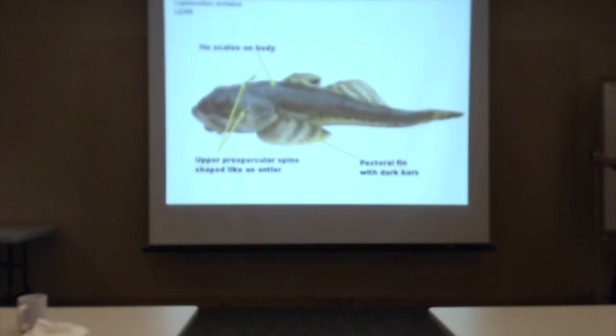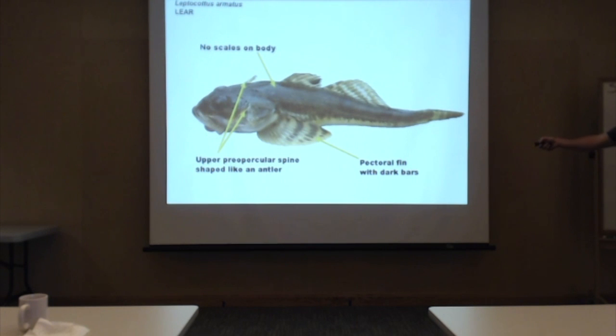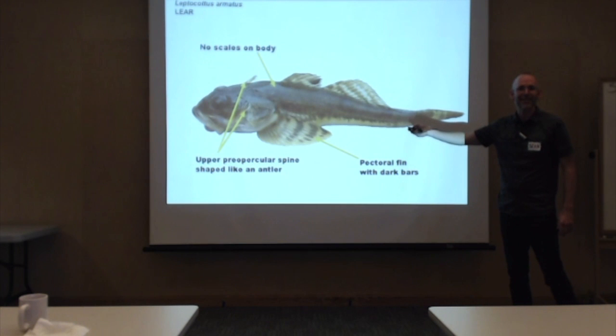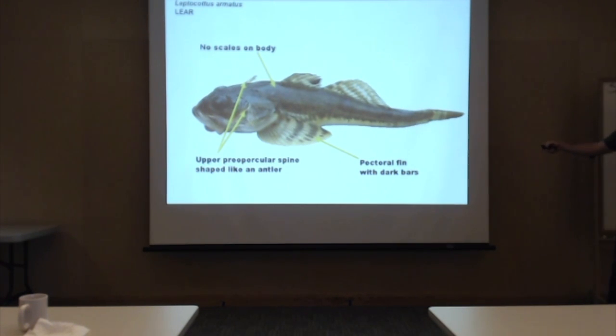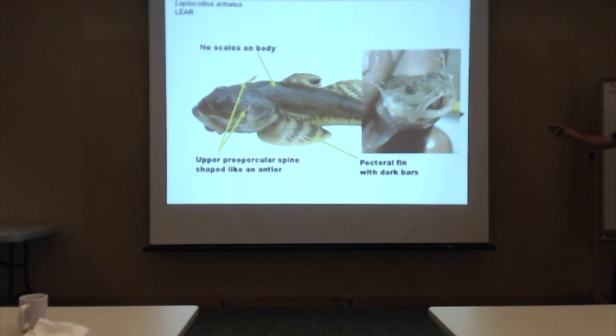Here's an image where this particular staghorn sculpin has been agitated and he's sticking up those antler-like spines on his gill covers. You've got to watch out for these things. They'll hang you up for sure, a finger or a glove or anything. And they use them for protection. Obviously, it's really great if somebody's trying to swallow you whole to stick those things out and stop them in their tracks. Here's a head-on version, so you can see those antler-like spines.